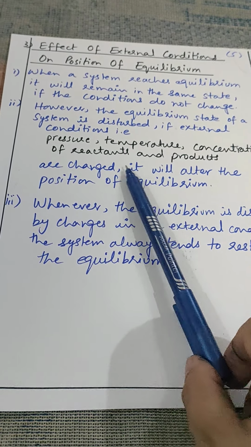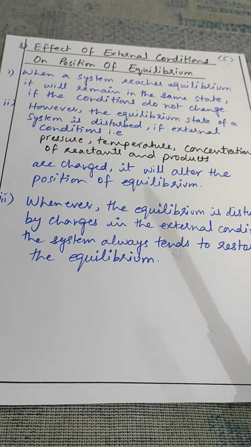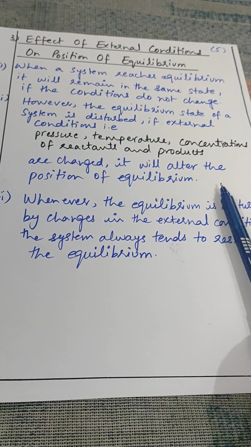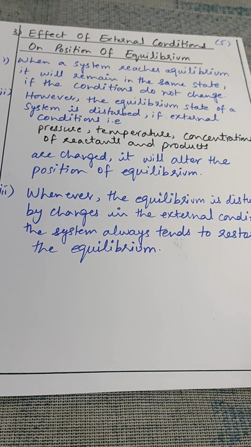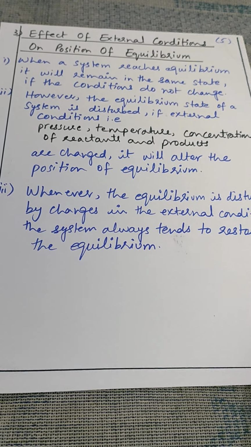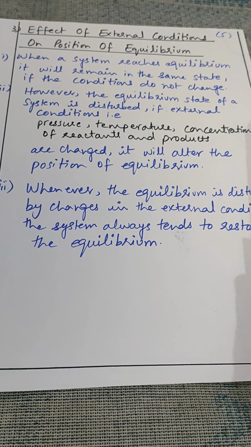If there is any change in any condition, it will alter the position of the equilibrium. So for the establishment of a chemical equilibrium, the external conditions also play a very important role. If any single condition is disturbed, it will totally change the position of the chemical equilibrium.